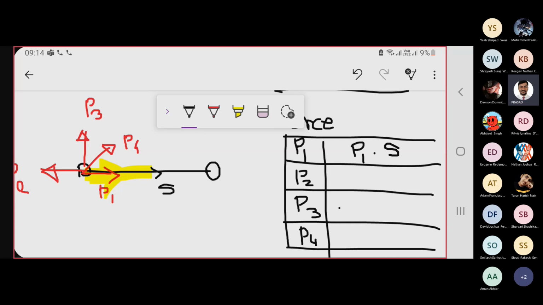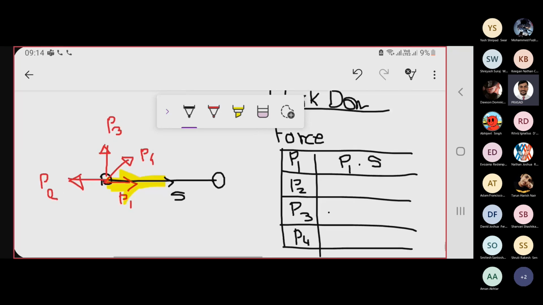If you see P2, the force P2 is acting in the opposite direction of the body's motion. That's why when we write work done, it will be minus force into distance. Now P3 is acting vertically.